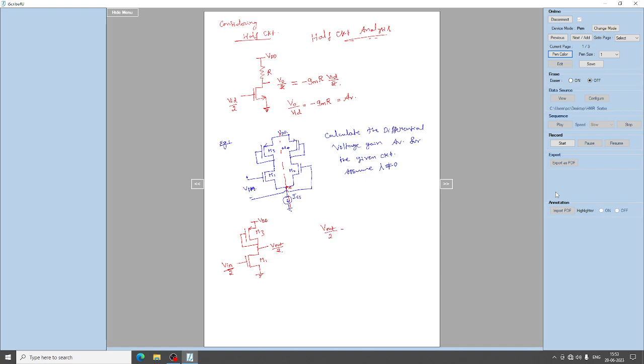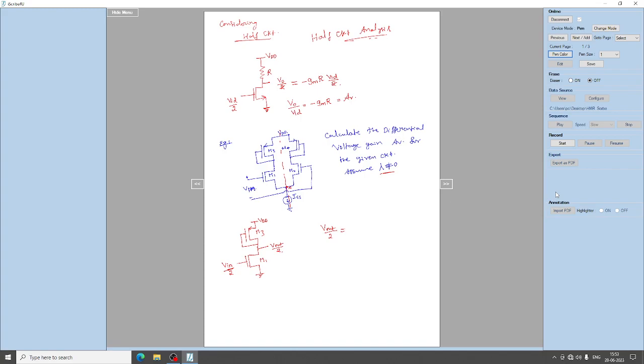V out by 2 is equal to the total transconductance times the resistance. Since lambda is not equal to 0 for all the transistors, R0 will be present for all of them.